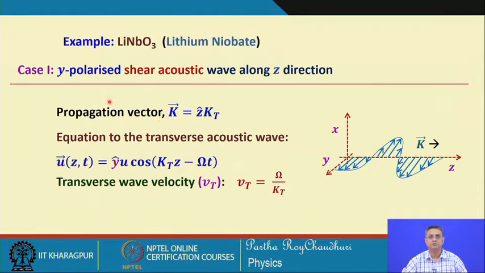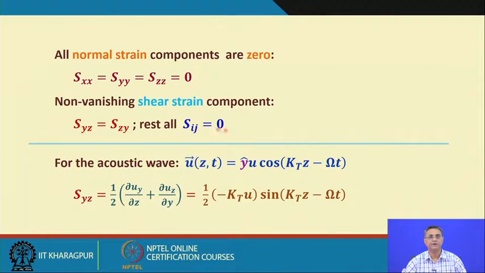So, this is also to remind us that if the wave propagation involves z and y, that is, it is propagating along z direction and polarized along y, then in the case of a transverse wave, in the case of a shear wave, only the y z or z y component of the strain matrix will be non-zero, and all the rest will be zero.